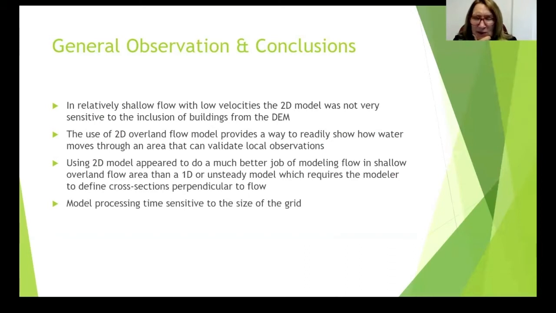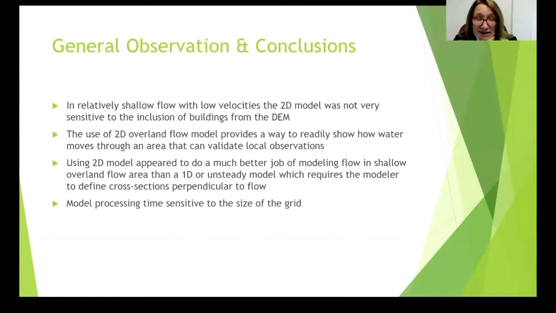So it really helped a lot to figure out where that flow path was. Very bluntly, trying to put cross sections through that area would have required a pretty experienced modeler, and even then, the modeler would have been sort of guesstimating what actually happened.